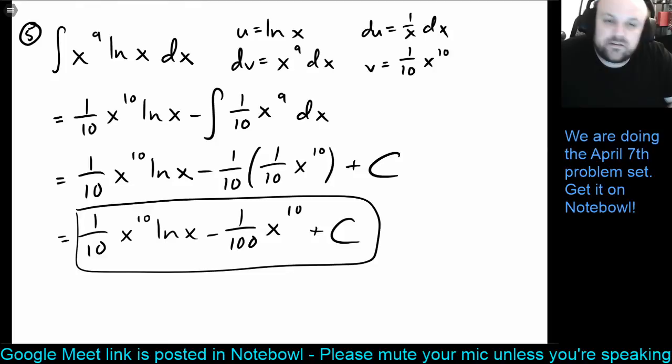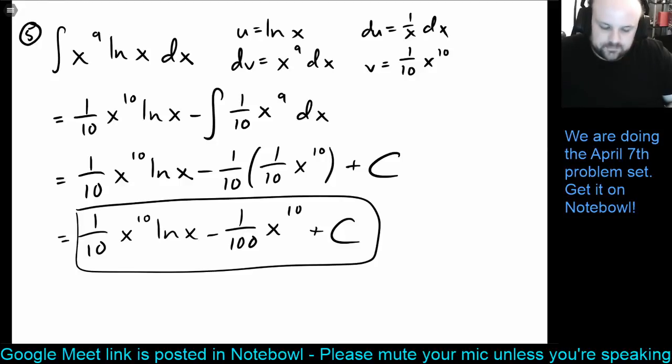Right. So, how about this one? I know these are going kind of quick, but really they're not that bad. Once you understand what the formula is asking you to do, you just need to be able to pick your u and your dv properly. Once you're able to do that, it just becomes applying integration by parts.